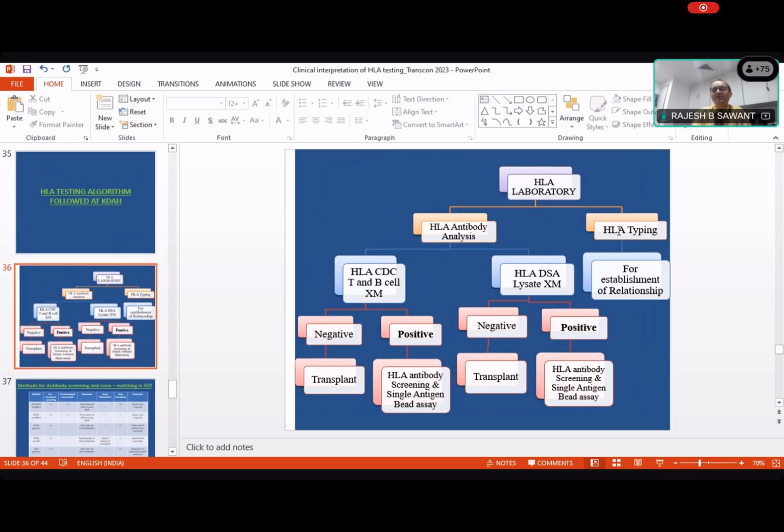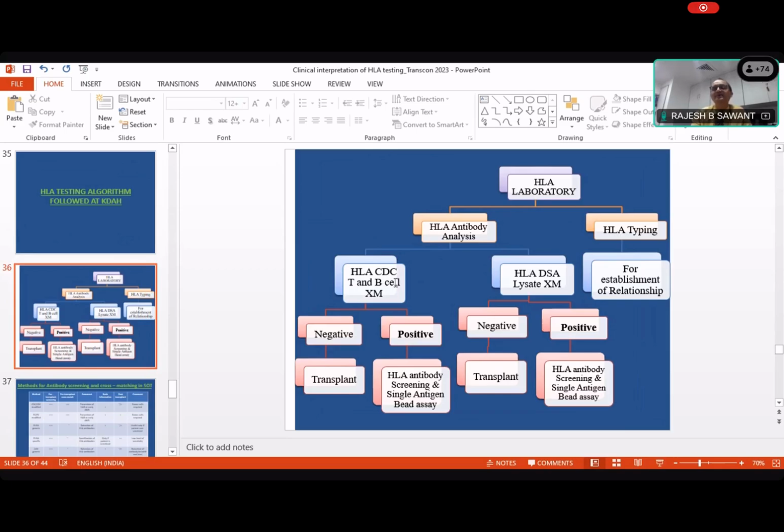From the antibody point of view, you will now screen your patient or the recipient for any HLA antibody, and you will also look at donor specific antibody. So here what we do is we do a CDC cross match, which is the basic test which will detect the presence of antibodies in the recipient against any donor cells.